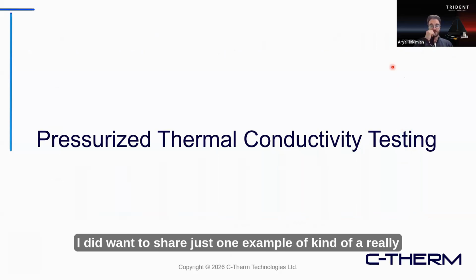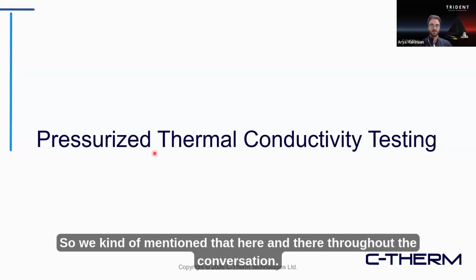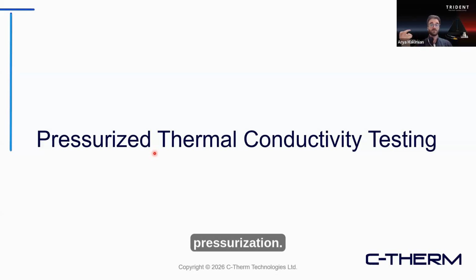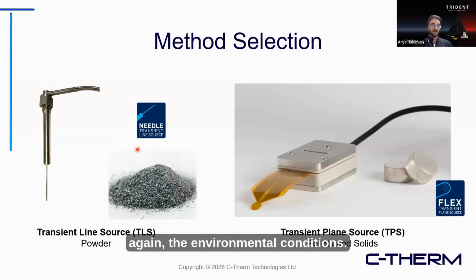And then wrapping up here, I did want to share just one example of a really specialized setup, which is pressurized thermal conductivity testing. We mentioned that here and there throughout the conversation, and the methods that we offer have an option to test with pressurization. Why that can be really important is, again, the environmental conditions.